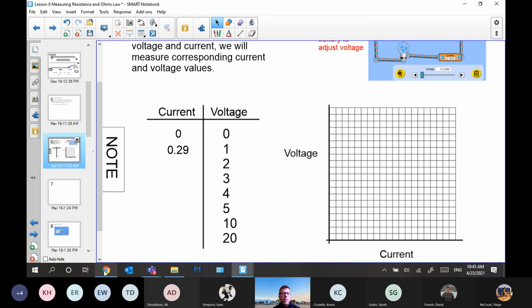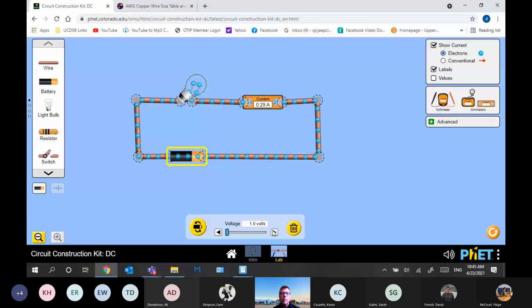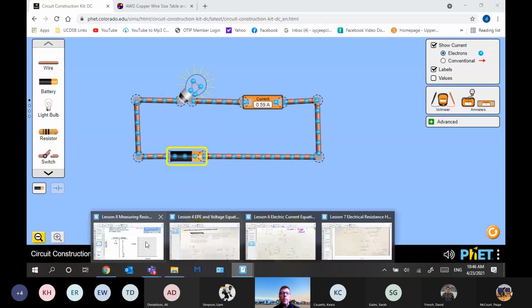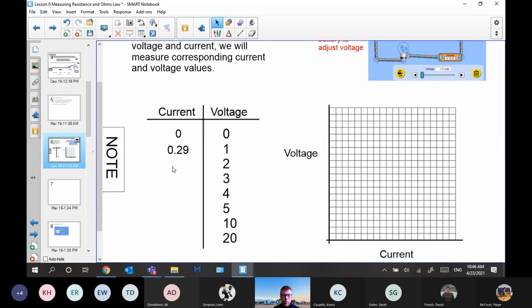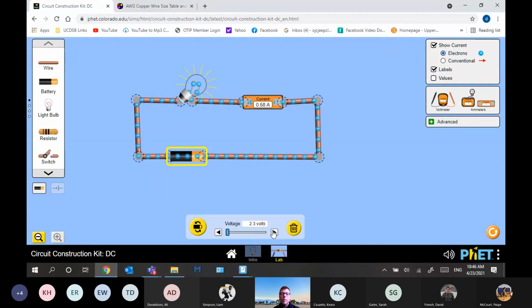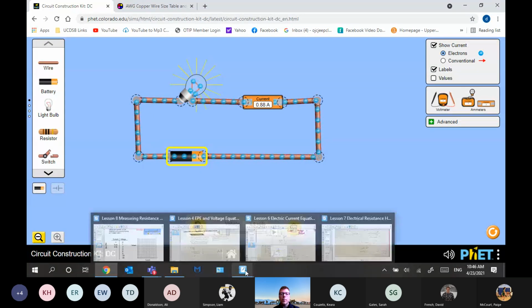And then 2 volts. Oops, one too far here. 0.59 amps. And 3 volts: 0.88.